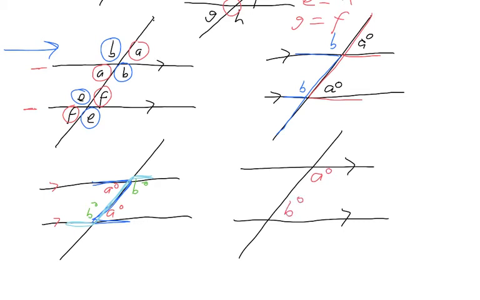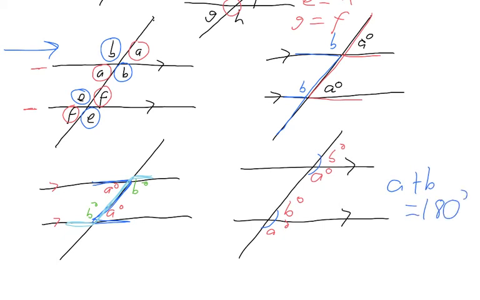Well, they're not the same. But what do we know about them? Well, we know that B is also here, and we know that A is here due to corresponding angles, like I've just stated before. And we know angles in a straight line, so these angles here and these angles here equal 180 degrees. So A plus B equals 180 degrees.